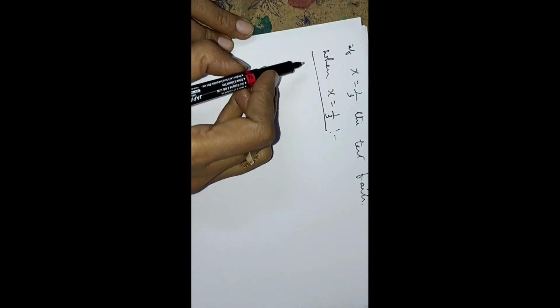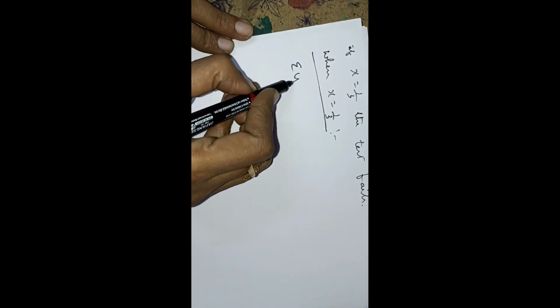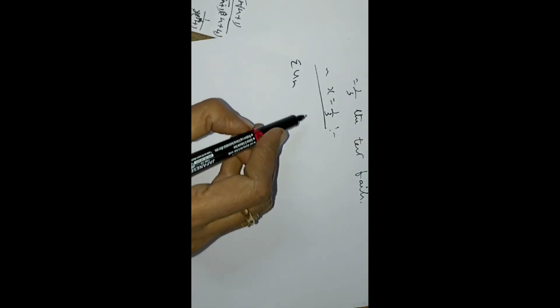When x is equal to, we are in which case? x is equal to 1 by 3. Sigma un, where is sigma un? In this, I will write the sigma un from the given sigma. This is sigma un: 4 into 7 into 10 into 3n plus 1. This is the sigma un I am writing.